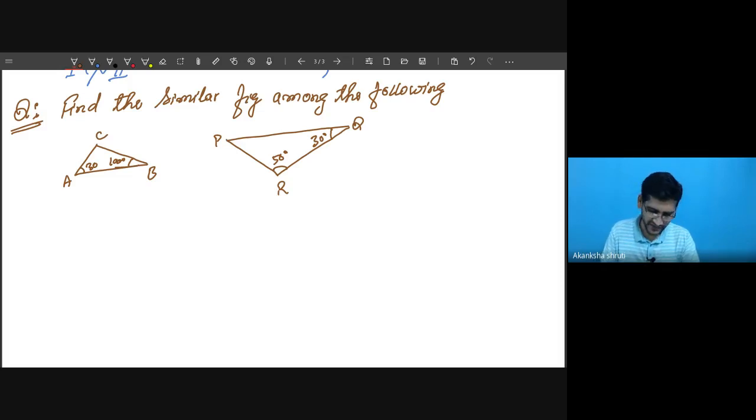The other triangle is like this one, MNO.